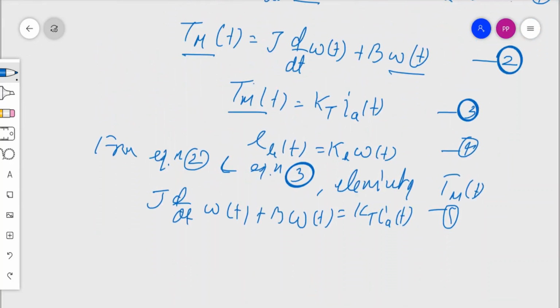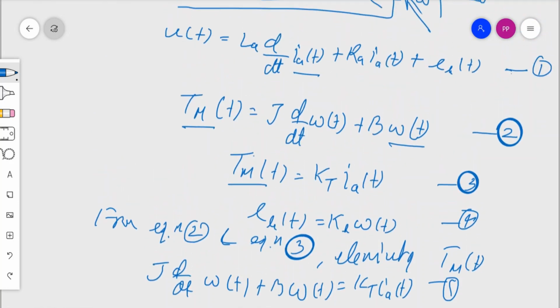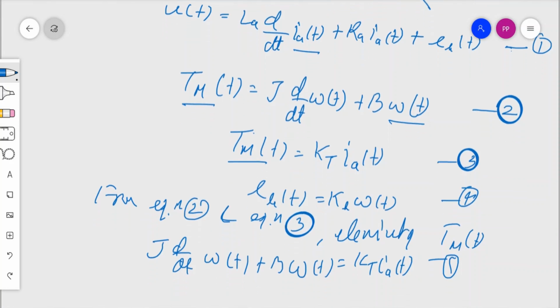And similarly, from equation 1 and equation 4, I want to remove the back EMF.